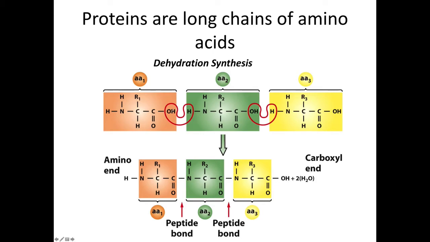At the carboxyl end you have an OH, at the amino end you have an H. Those two are combined to form a water molecule, and a peptide bond is formed. Here you form a water molecule, the water molecule goes away. Here you form a water molecule, it goes away, and a chain of these three amino acids is formed through these two different peptide bonds.